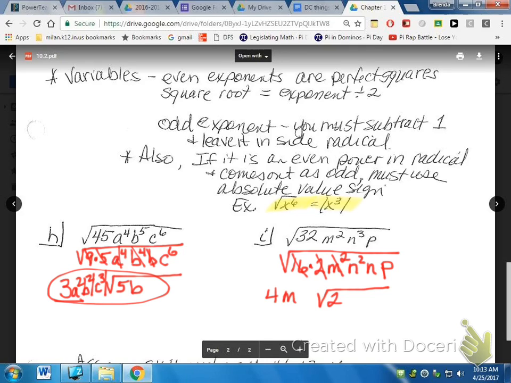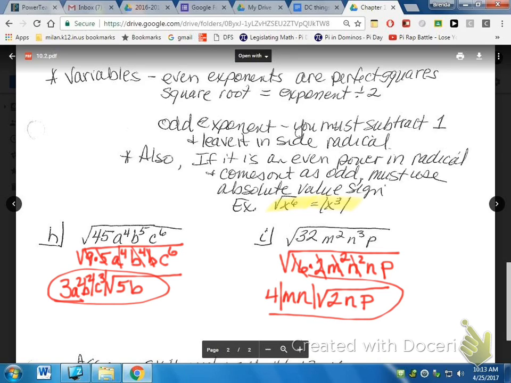N squared comes out as n. The extra n left over stays inside. The p by itself stays inside. One last thing, the m and the n are two odd powers, so I'm going to put them in absolute value just like that.